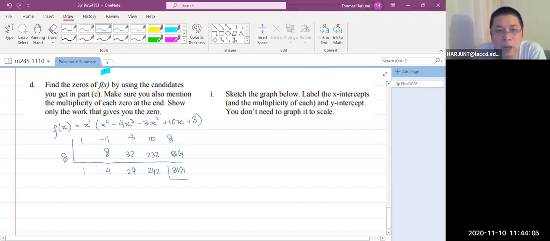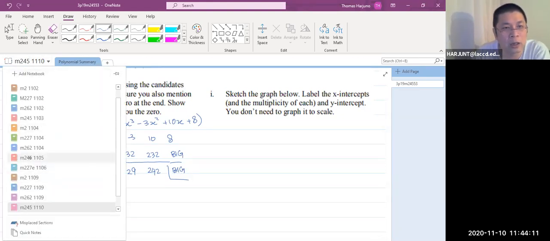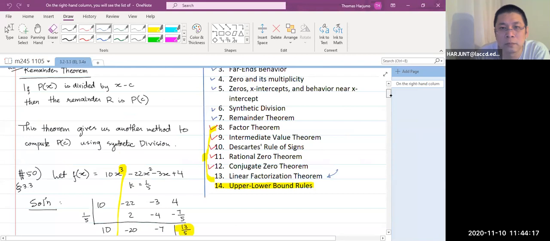Now, remember I talked about the upper bound. Let's look back to what I did last time. Remember I didn't talk about this upper bound, lower bound rules.